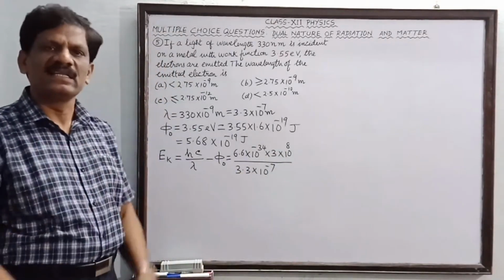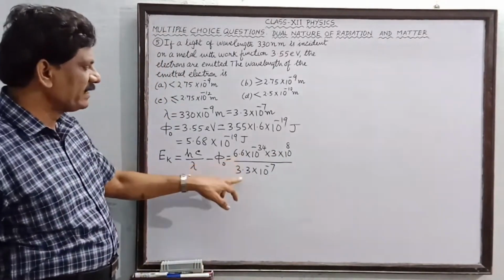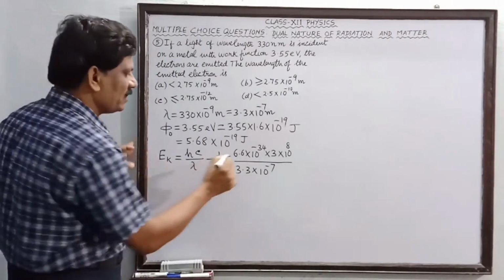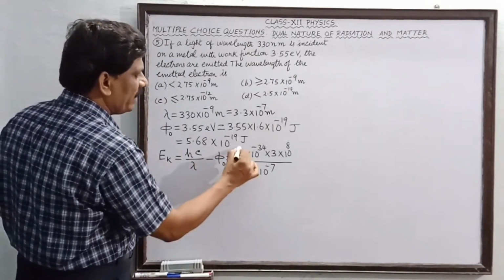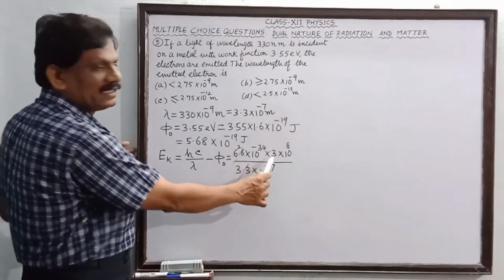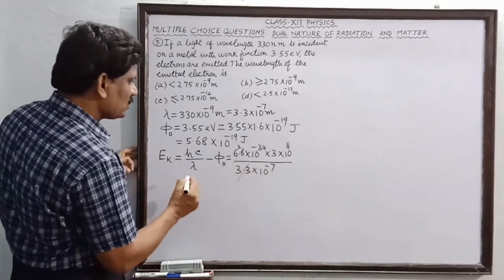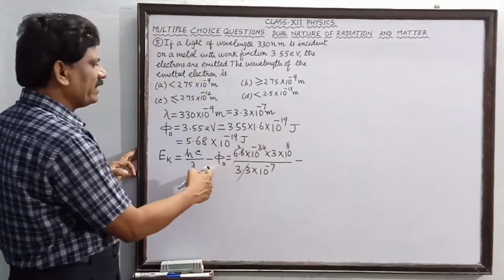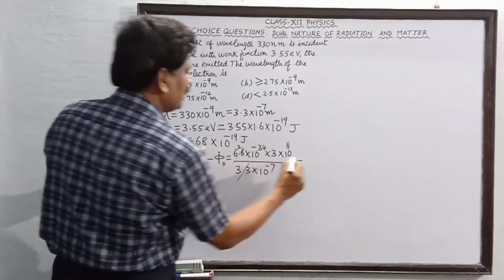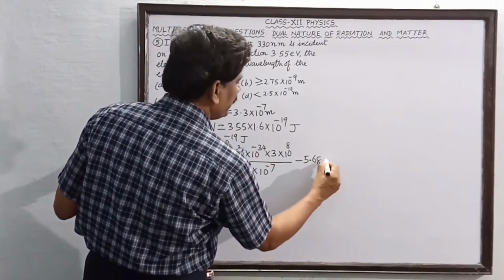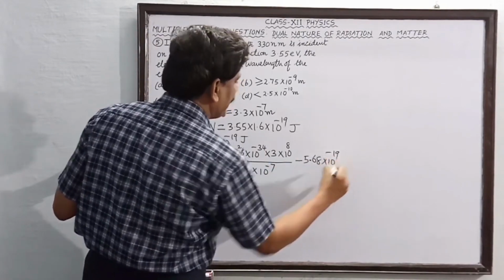I am adjusting the terms. Now 6.6 divided by 3.3 is how much? 2. Easy calculation, is it not? So I can cancel these and write 2. 2 into 3 is 6. This is the first factor, minus phi naught. Instead of phi naught, I can write 5.68 into 10 power minus 19.